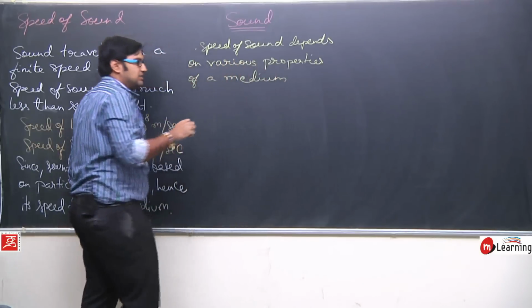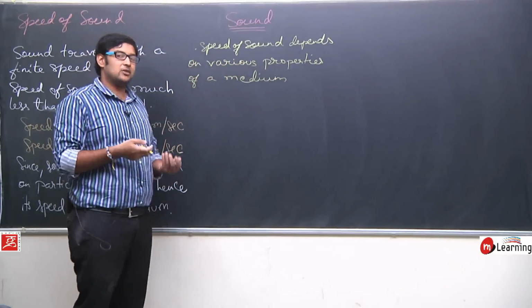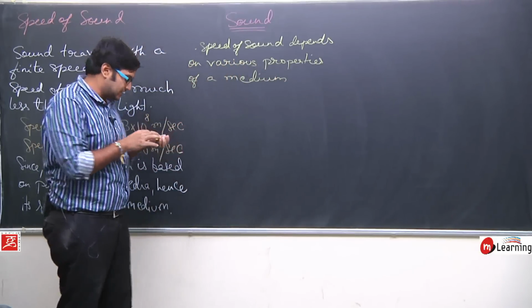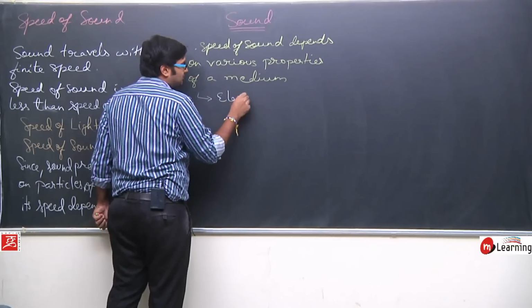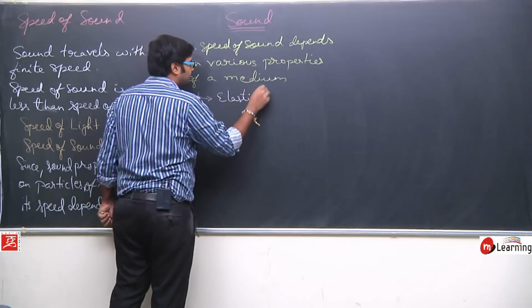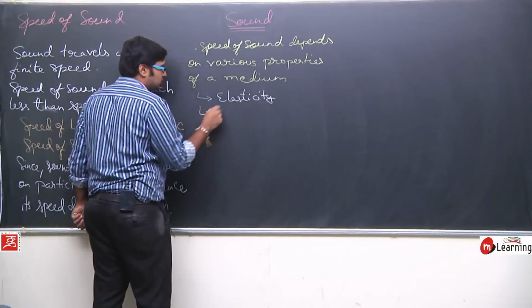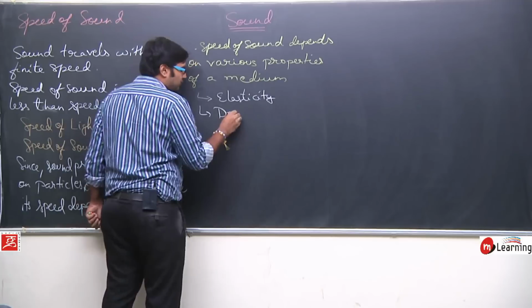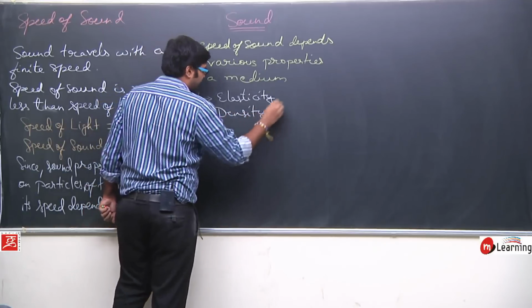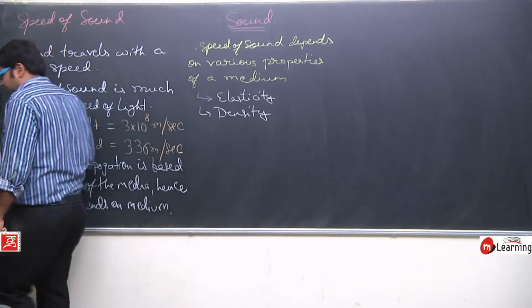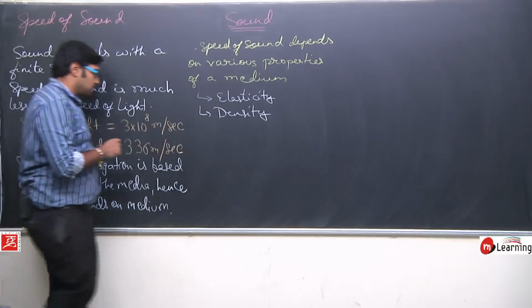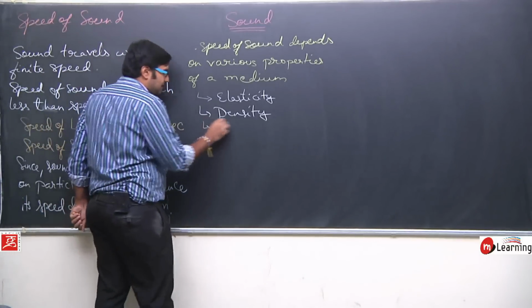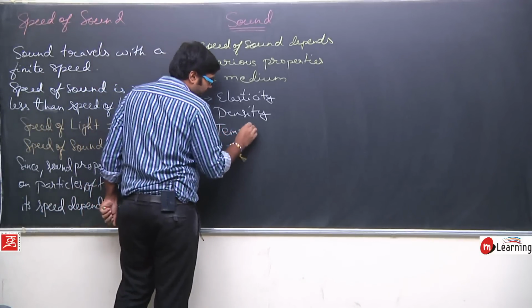Various properties means physical properties, chemical properties, and there are various other factors. For example, it depends on the elasticity of the medium, it depends on the density of the medium, and it also depends on the temperature of the medium.